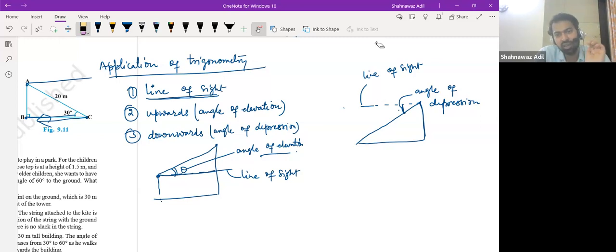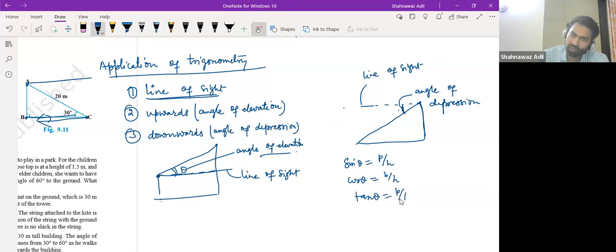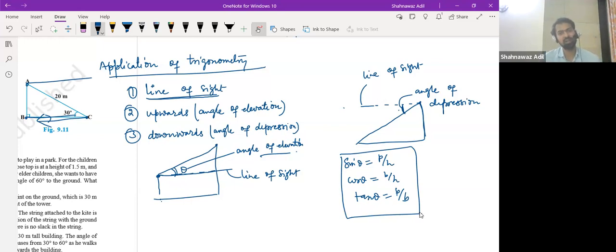Whatever we have learned in the introduction to trigonometry, we will use those ideas: sin theta is p by h, cos theta is b by h, and tan theta is p by b. Mainly these ones. Please note it down, and then we'll do some questions. I will repeat this part again because many people are not here.